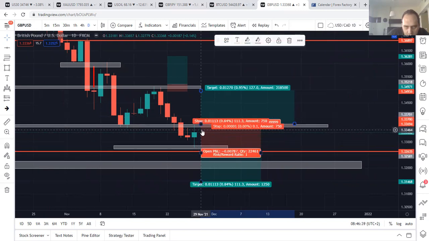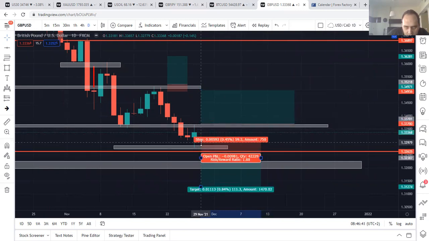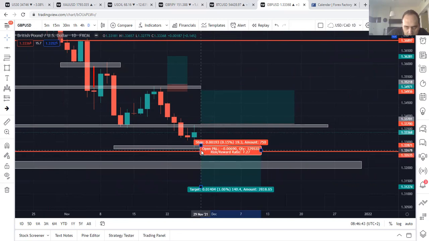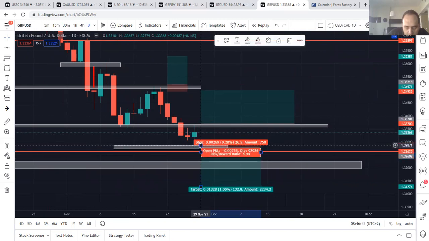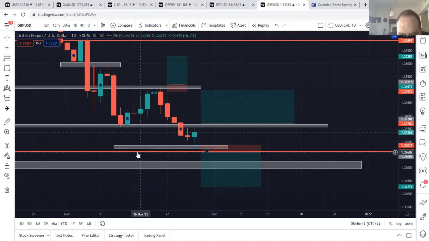Not this, not this, not this. Wait, not this. Okay, so if it breaks 132.58, stop loss 132.78. I won't make it big, to be honest. It should fall down directly.